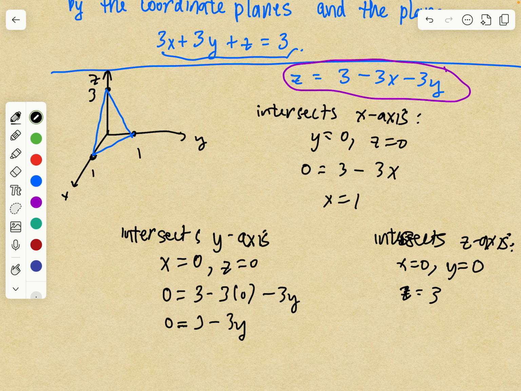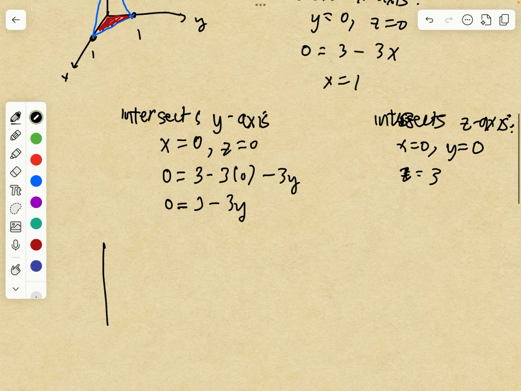And when you do that, the projection onto the xy plane is going to be this triangle here. So let's draw the 2D version of it. It's going to be like this. It's this triangle R that has the origin, (1, 0) and (0, 1).